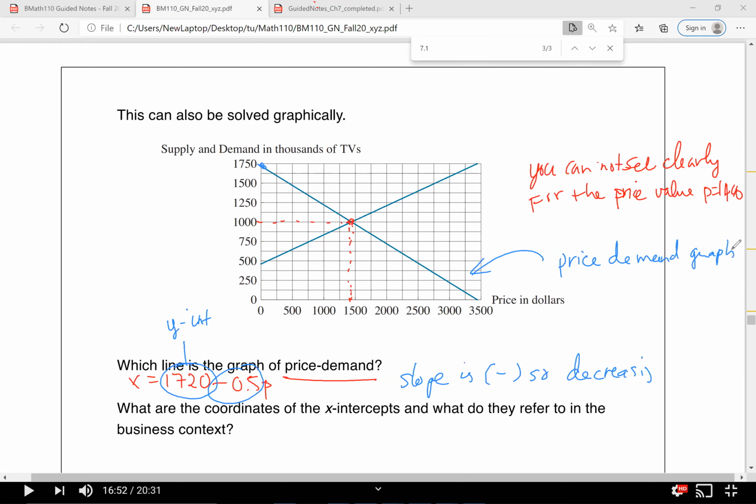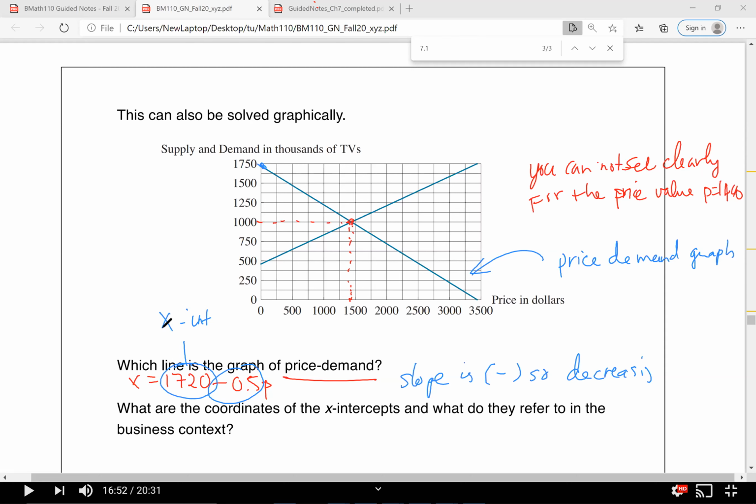Okay. So what are the coordinates of the x-intercept, and what do they refer to in the business context? Actually here we don't have the variable y, so we are using the x-intercept here, right?